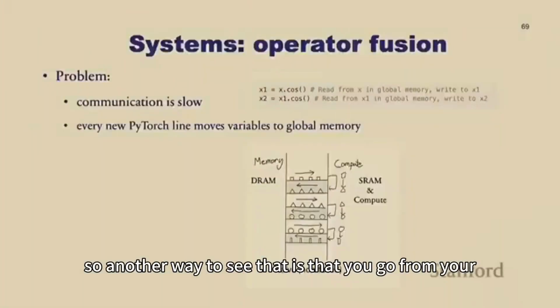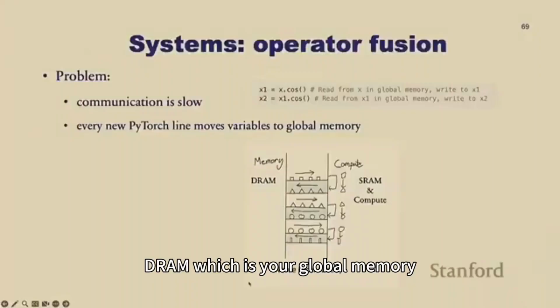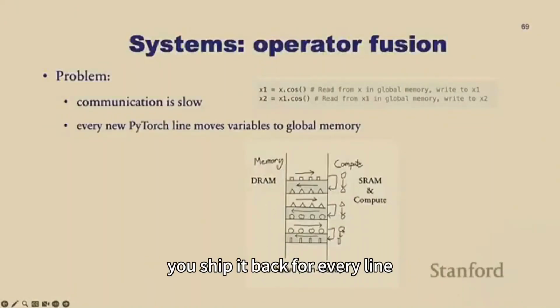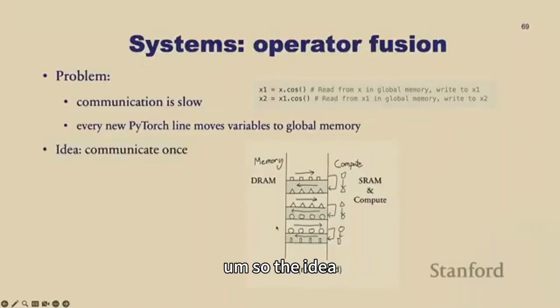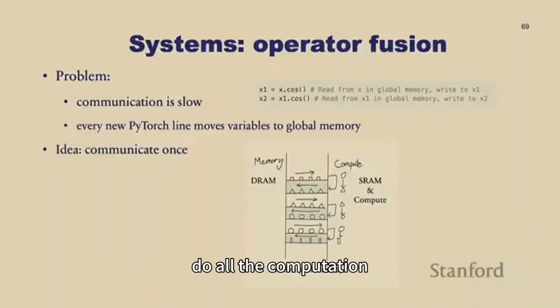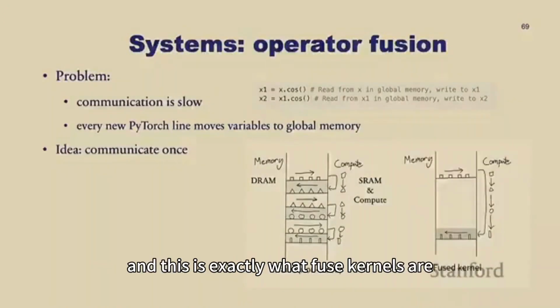Another way to see that is that you go from your DRAM, which is your global memory in your GPU, you ship it to compute, and you ship it back for every line. This is a naive way of doing it. This seems very wasteful. So the simple idea of operator fusion is just to communicate, do all the computation, and ship it back once. And this is exactly what fused kernels are.